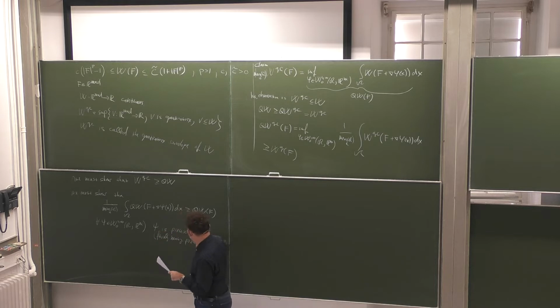Ψ is piecewise affine and has finitely many pieces. So now we test with only piecewise affine functions. Because this is W^{1,∞}_0, we just want to prove this, because the quasi-convexity would be that you have a general function here, so it also has to hold for a smaller class.